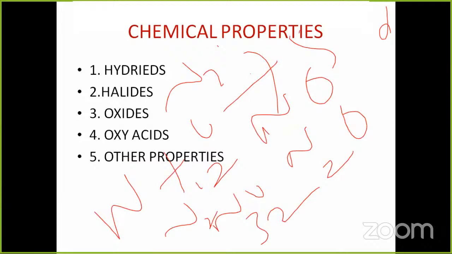So 5 types of oxides are formed when nitrogen interacts with oxygen.